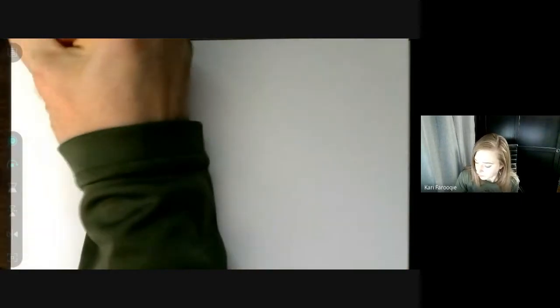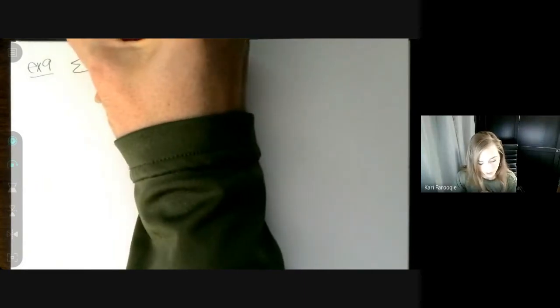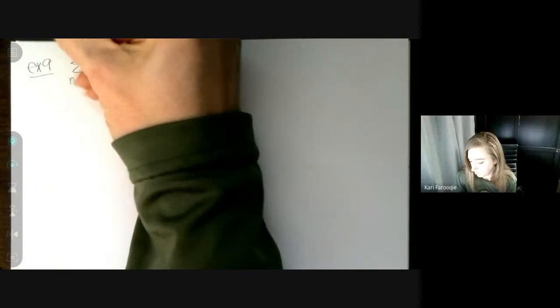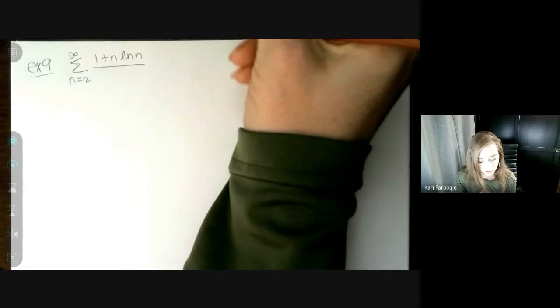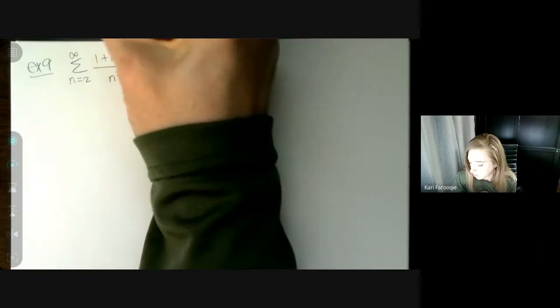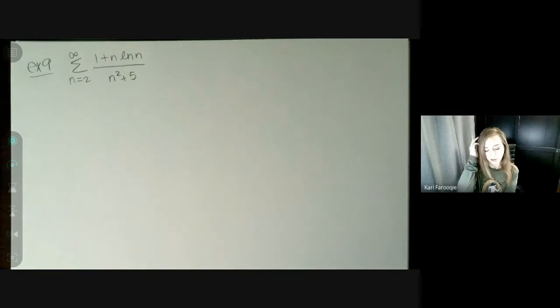Example 9. This is the series from n equals 2 to infinity of 1 plus n times the natural log of n, divided by n squared plus 5. We always need to do more of these natural log examples because I feel like they're a little more challenging.